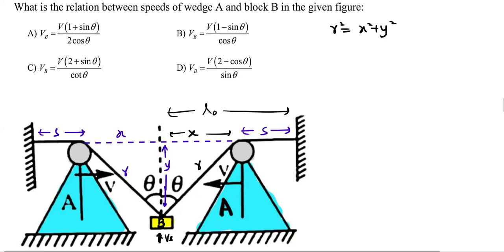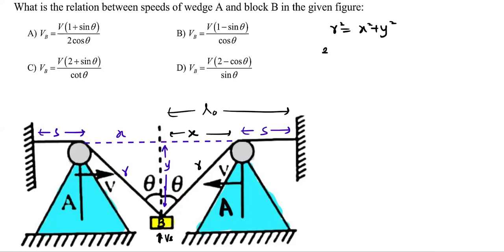Then, as this wedge starts moving, this pulley will undergo displacement. Then this length of string will increase and this length of string will decrease. So is r variable? Yes, r is variable. The pulley will come to this position. Then x is also variable. Then the block B will ascend vertically up. Then y is also variable. So all these three quantities are variable here.